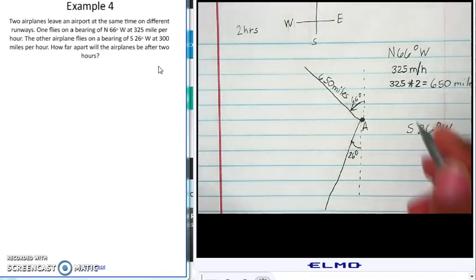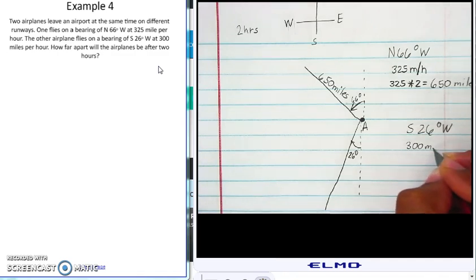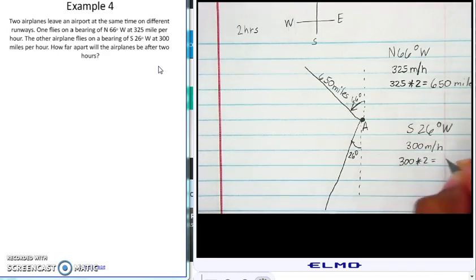Okay, for the second one, it says that it's 300 miles per hour. And again, we're going 2 hours. So we'll just multiply that by 2. And that is 600 miles. Not 60, but 600 miles.